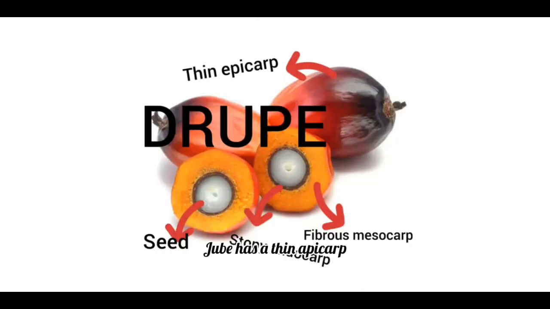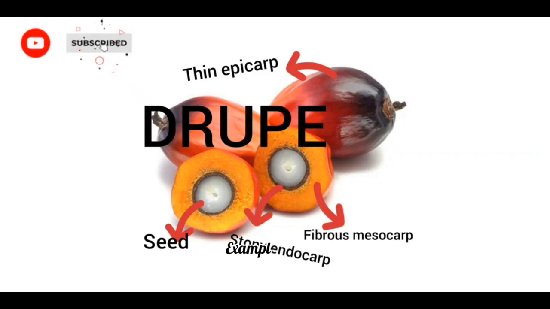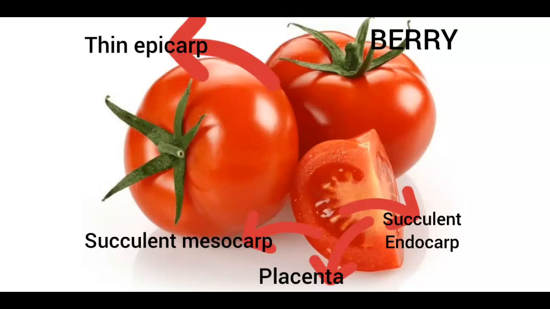Drupe has a thin epicarp, fibrous mesocarp, and stony endocarp. Examples of drupe, which is a fleshy fruit, are mango, coconut, and palm kernel. Berry has a thin epicarp, succulent mesocarp, and succulent endocarp.